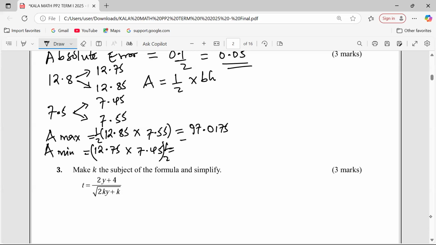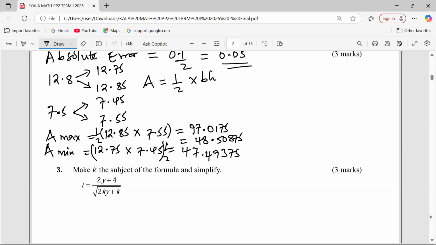Therefore, the exact value now for these answers shall be, the second one is 47.49375 square centimeters. Then the first one, which is the maximum, when we take 97.0175 divided by 2, we'll be getting 48.50875 that way.